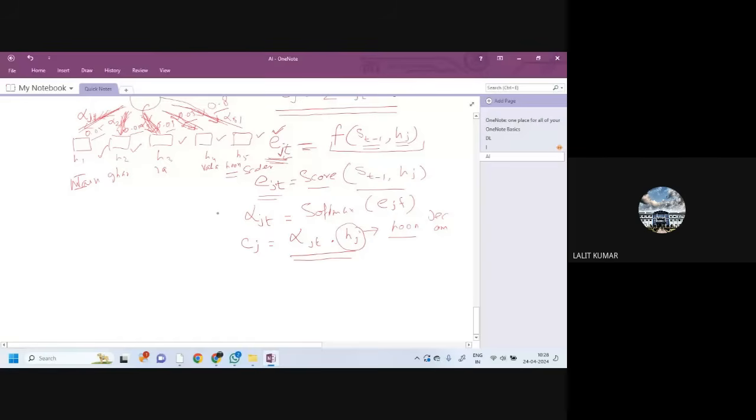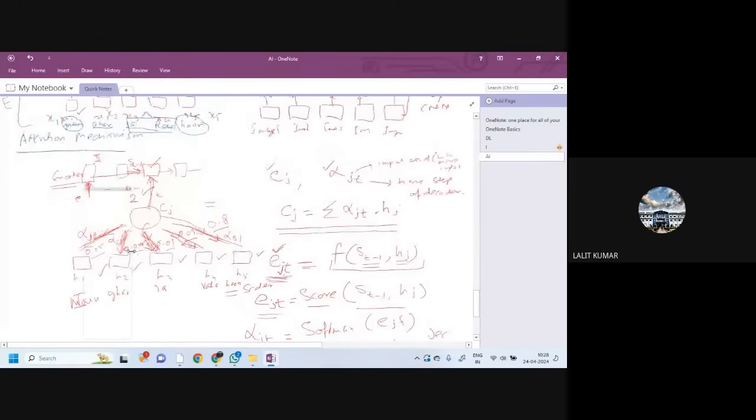Now when I have calculated this Cj, I go to the decoder RNN. At the decoder RNN, along with the xt which I was feeding, I am feeding st minus 1, and the previous word which was coming.